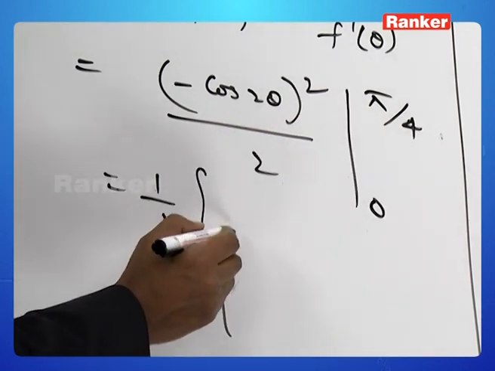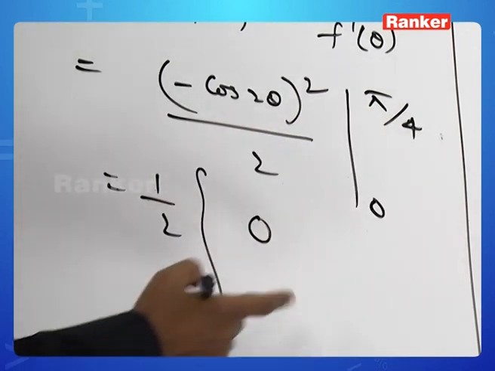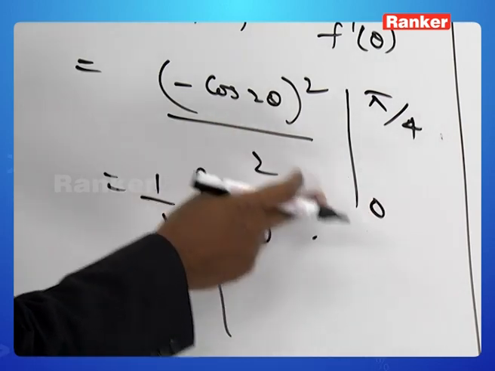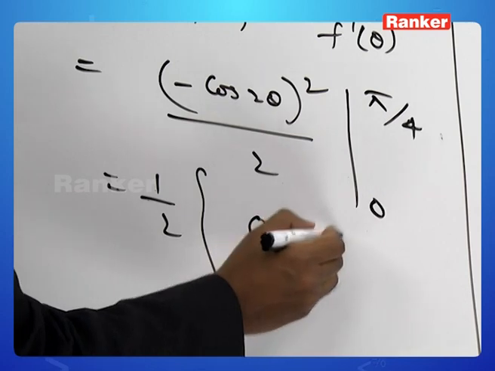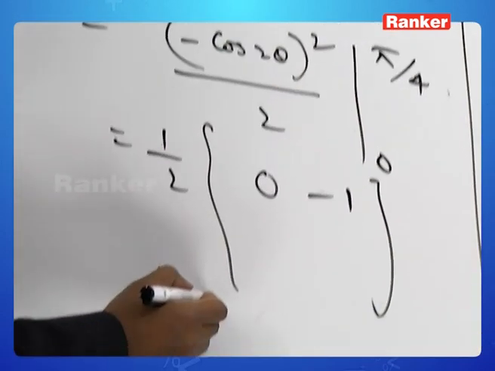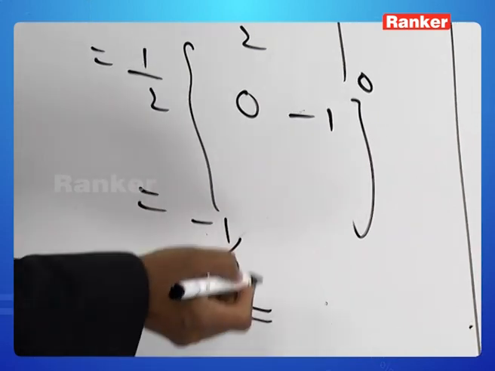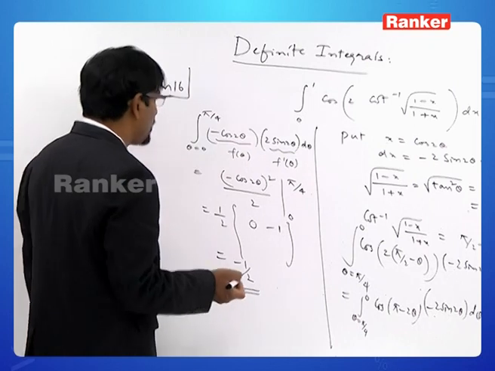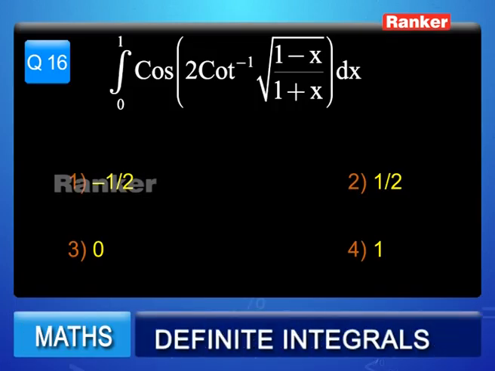So that makes it 0 there, and we get again cos of 0, that is 1 here. So 0 minus 1, minus half. Therefore the value is minus half. So our right option is the first option.